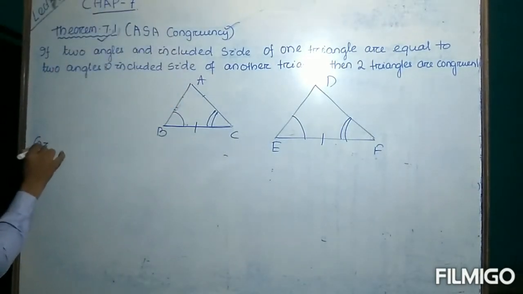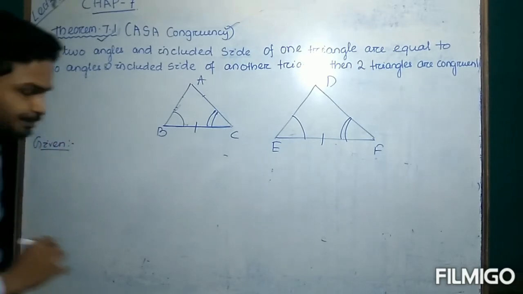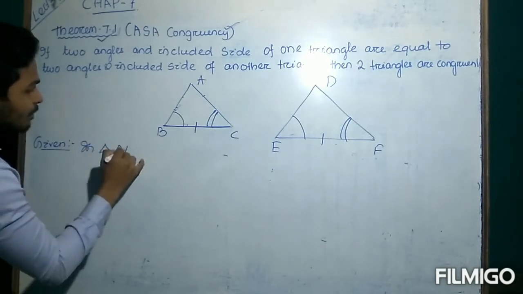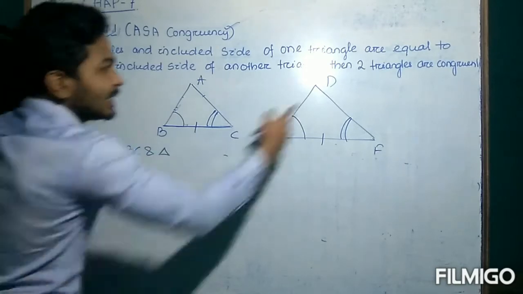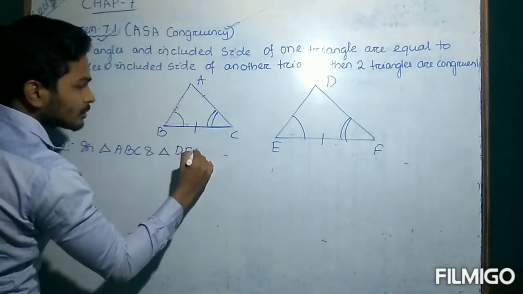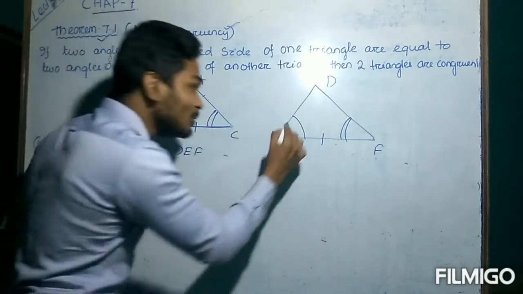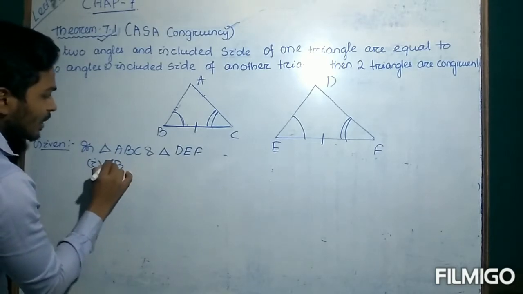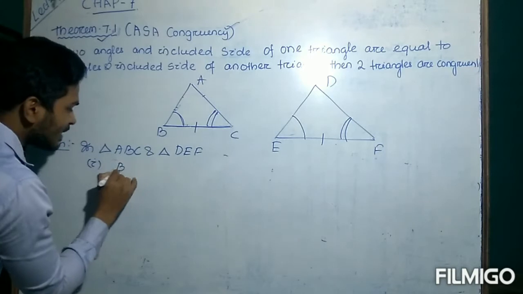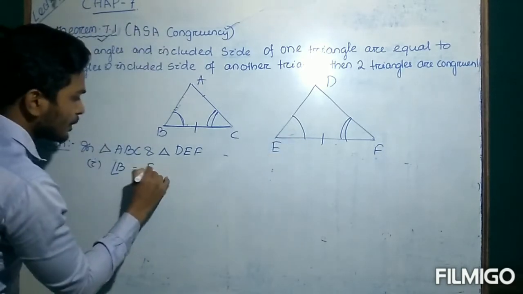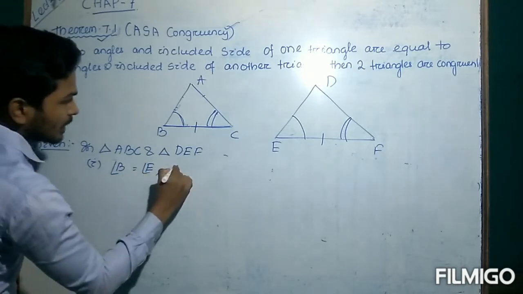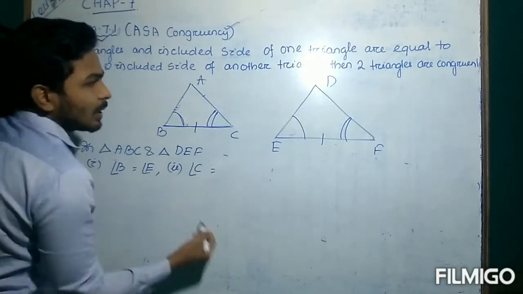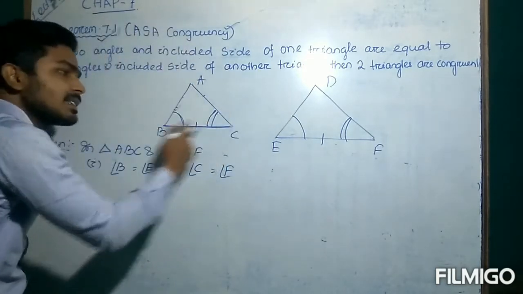First, we will write what is given in the question. So it is given that in triangle ABC and triangle DEF, this angle is equal to this angle, angle B, or you can say angle ABC, is equal to angle E. Second, this angle is equal to this angle, angle C is equal to angle F, or you can write ACB, no problem.